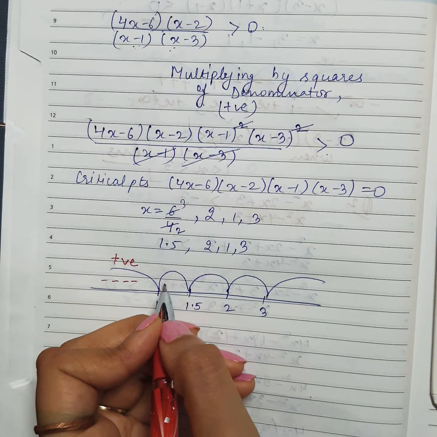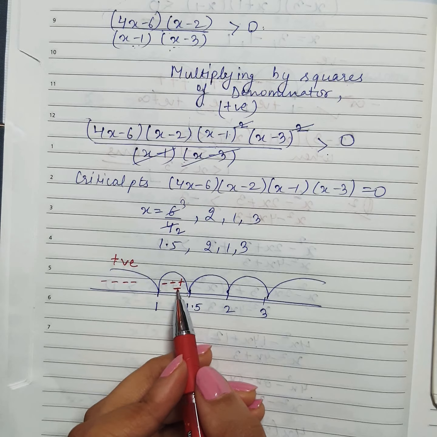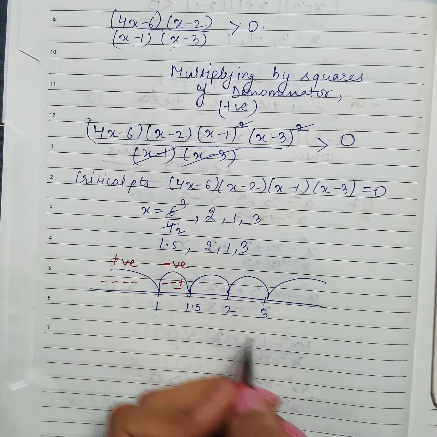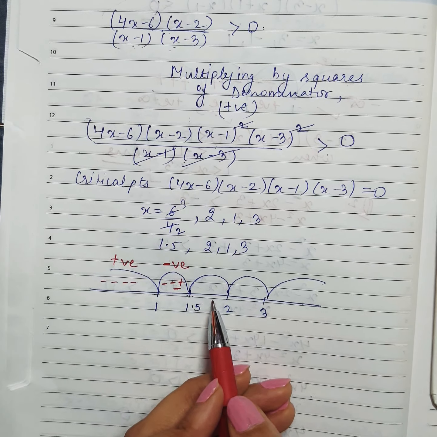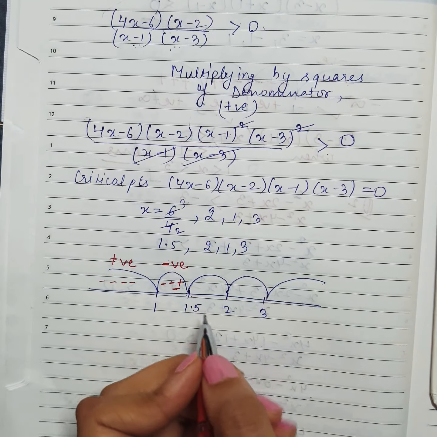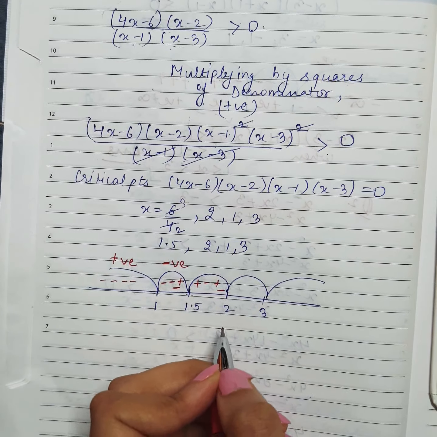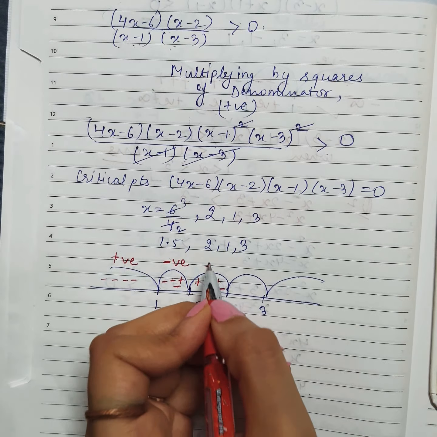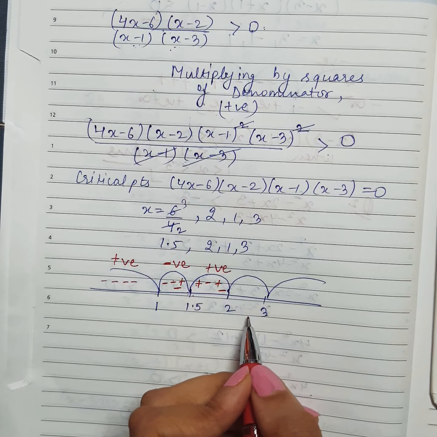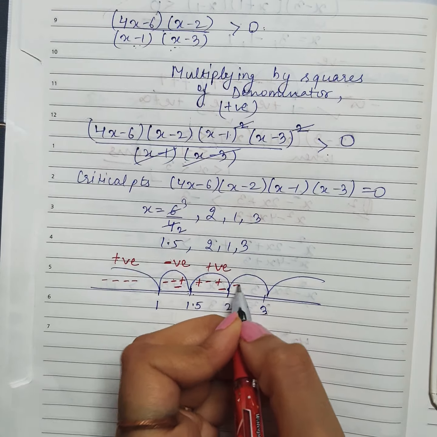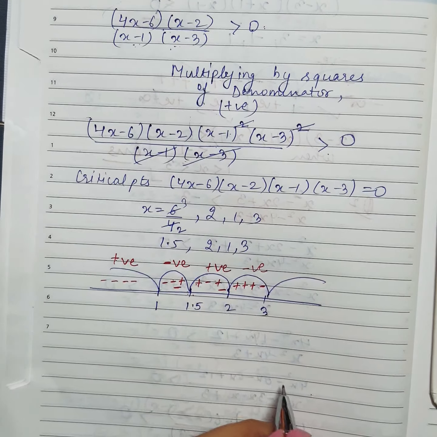Substitute, you will get the signs to be minus, minus, plus, minus, and since we have 3 minus signs, the product will be negative. Coming to this range, let's say 1.8. Substitute roughly and the signs will be plus, minus, plus, minus, and multiplying them it is positive. In this range, let's say 2.5. Substitute: plus, plus, plus, minus, so ultimately negative.